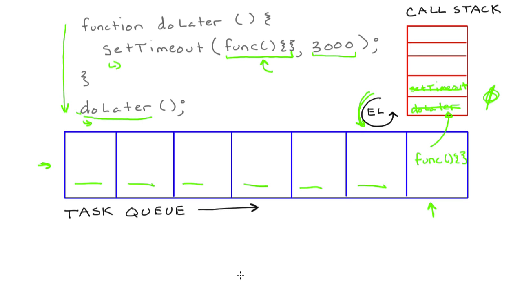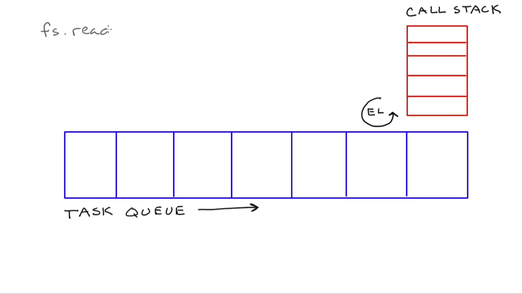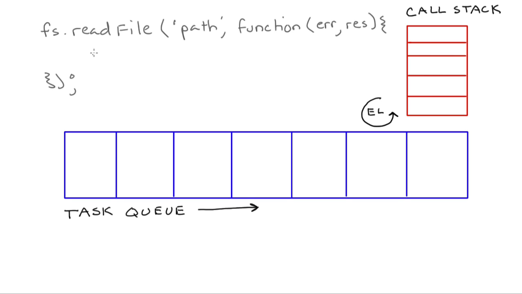Now we can use the same machinery to do I/O, whether it be reading a file or making a network request to MongoDB. Let's pretend, for example, that we're reading in a file. So we'll use the Node.js fs module and call the readFile method, passing the path to the file, and then a function callback that takes an error and a result as parameters. As soon as we call this function, that puts a function onto the call stack.